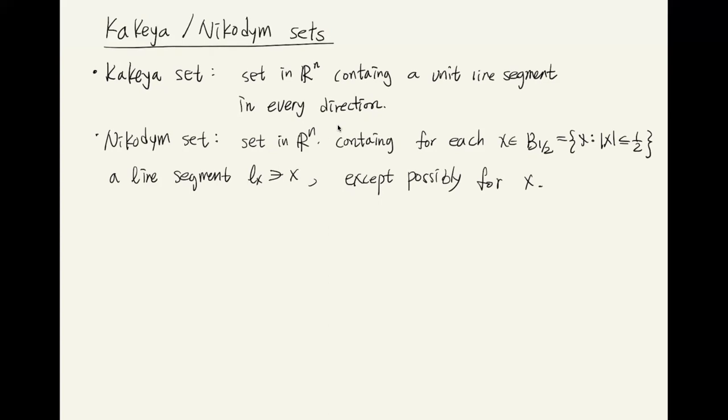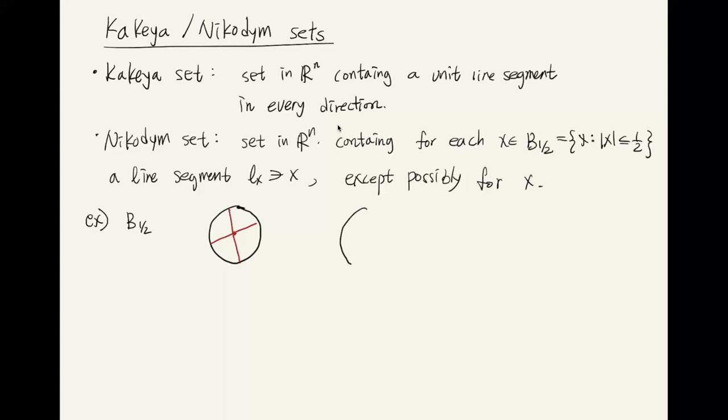So here's an example. B_{1/2}, the ball of radius 1/2, is an example of a Kakeya set. This is because for any direction, this set contains a unit line segment.